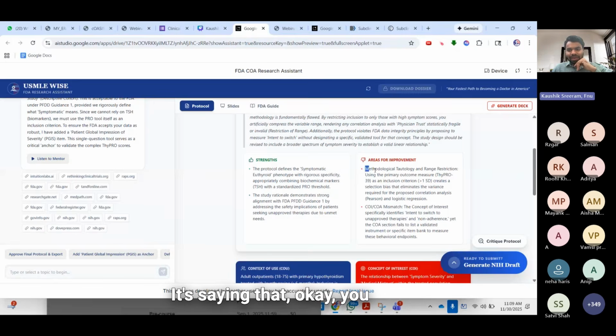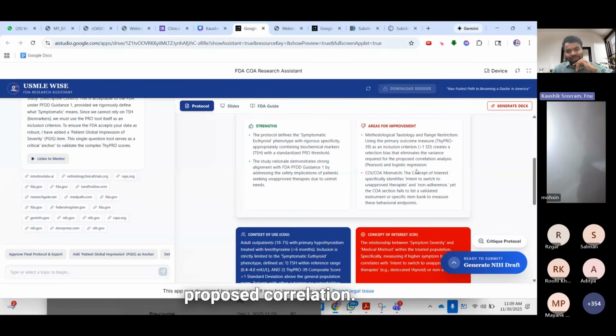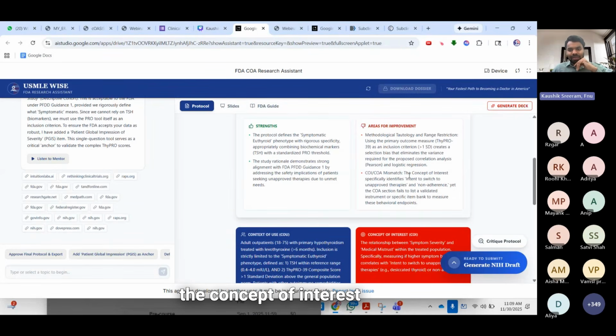It's saying you're restricting to a particular group, and that creates a selection bias that eliminates the variance required for the proposed correlation. Then the concept of interest specifically identifies intent to switch to unapproved therapy and non-adherence, yet the COA selection fails to list a validated instrument or specific item bank to measure these behavioral endpoints.